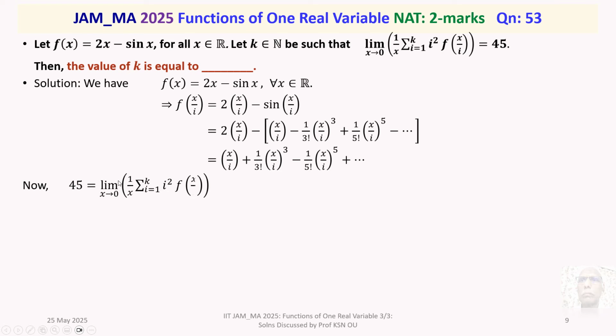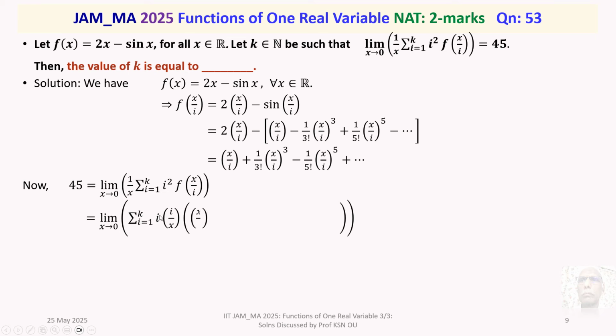45 is equal to limit x tends to 0 of 1 by x integral summation sigma i equal to 1 to k i square f of x by i. Right. Now take this 1 by x inside the summation. i square by x is written as i into i by x.